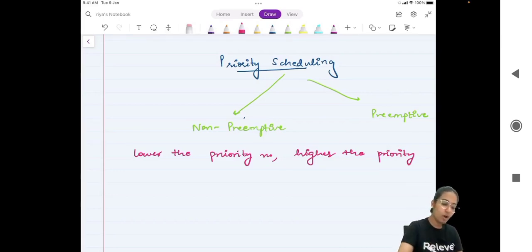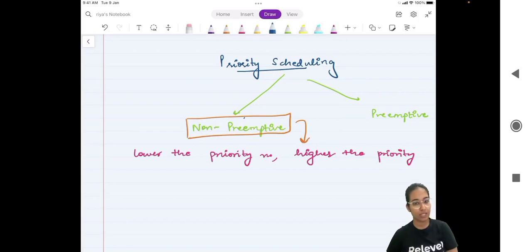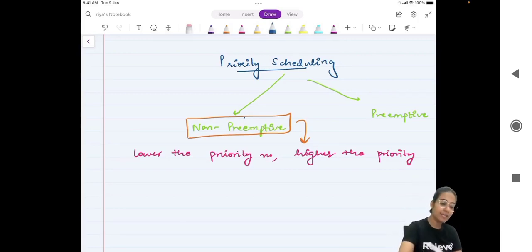And when we talk about non-preemptive scheduling, the process gets scheduled and it will run till its completion.